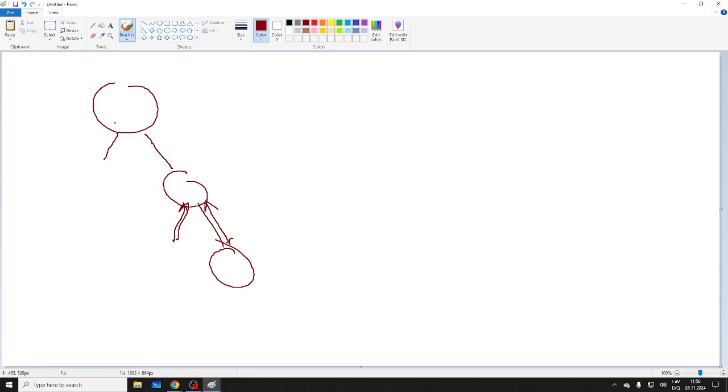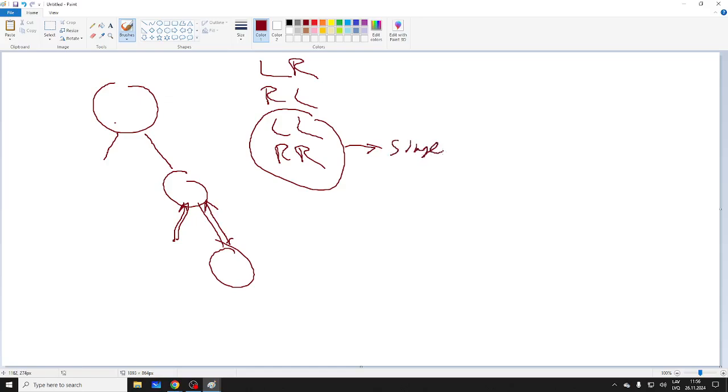So basically, you have left-right, right-left, or left-left, and right-right. So these are single rotations. Single rotation, single rotation. You know, left-left, right-right. And the ones that are left-right and right-left are double rotations, two rotations.